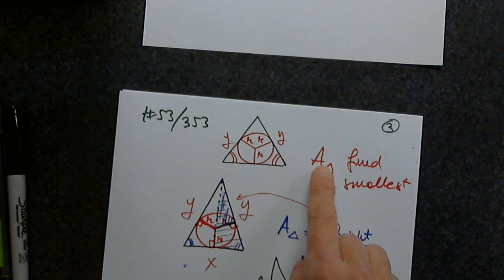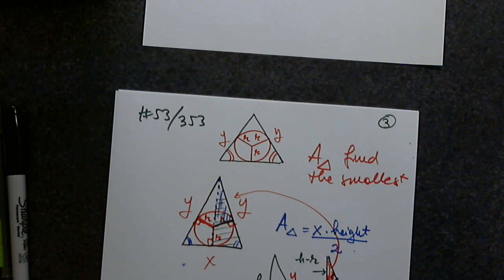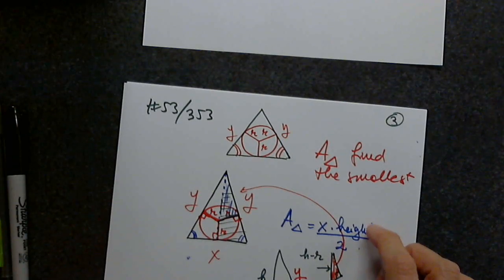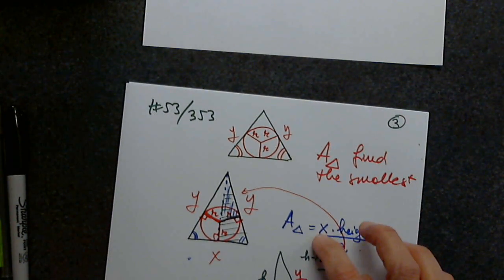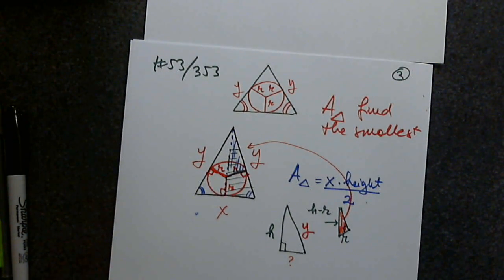So once I determine this, I have to have it as a function of x or maybe y, I don't know yet, but just one variable. And I have to get rid of the height, and the height should be dependent on x or y or something.